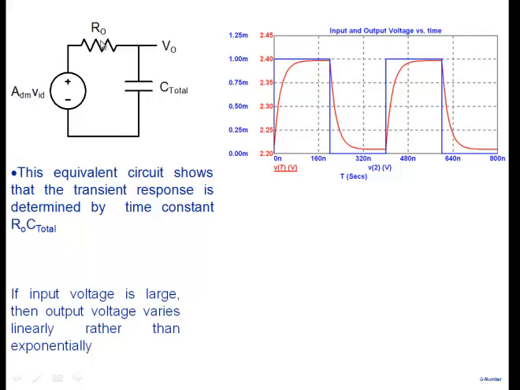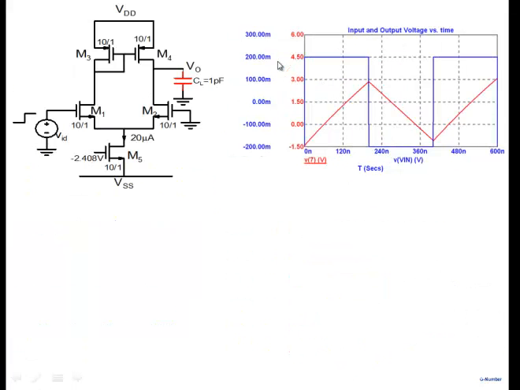So this circuit says that as you keep on increasing the step, the charging current keeps on increasing, right? And it requires that for an exponential characteristic. But note, in my differential pair, I have a limitation on current. If I apply a small step here, the charging current will not be 20 microamperes.